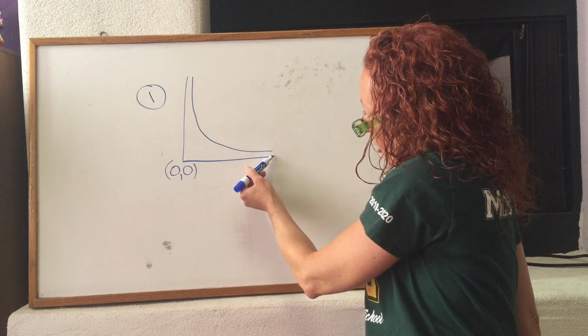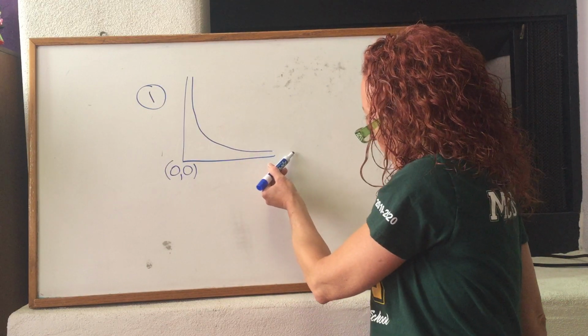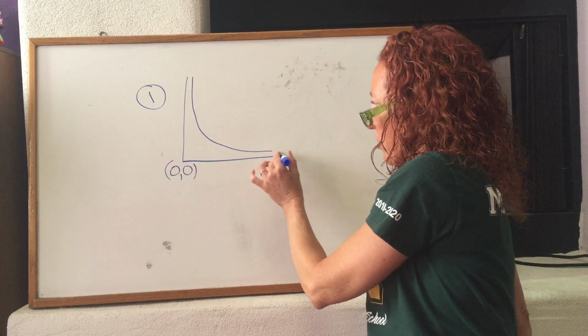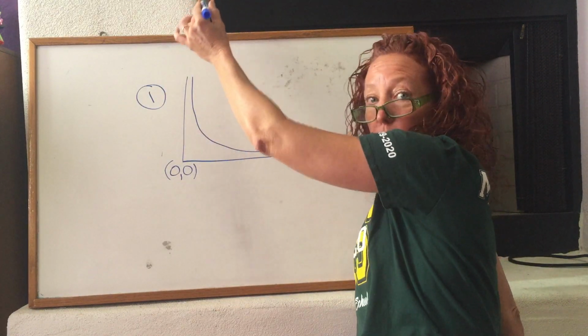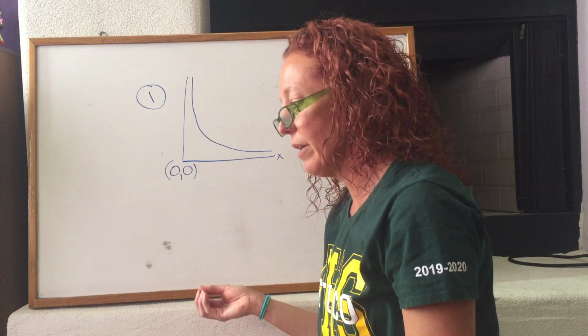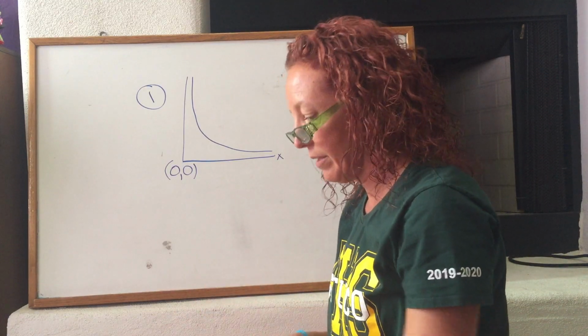Same with the range: as this goes closer and closer to our x-axis, it too is going to approach 0, but it's going all the way up. So our correct answer is that the domain is greater than 0, the range is greater than 0.